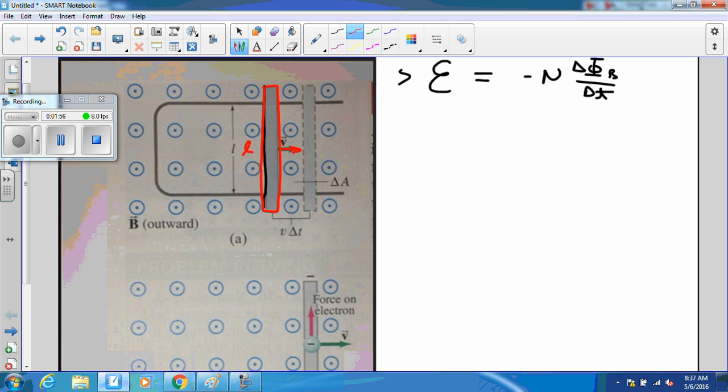And when we do move charges through magnetic field lines, if we use our right-hand rule, you can stick your fingers out through the magnetic field, and you can put your thumb in the direction of velocity, and you can see that positive charge is going to be forced down this way, and negative charge is going to be forced up this way.